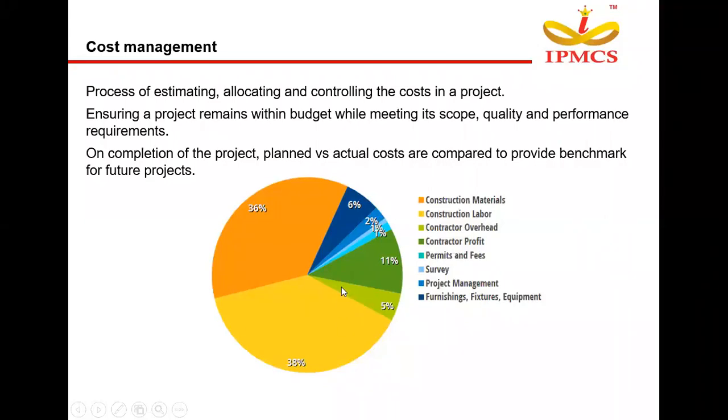Apart from that, 6% is incurred by the equipment and fixtures of a project, 2% by project management, and another 1% each for permits and fees and surveys, 11% for contractor profit if our project is handed over to a contractor, and 5% for contractor overhead. This is a rough figure of how the cost will be spread out across our entire project construction activities.